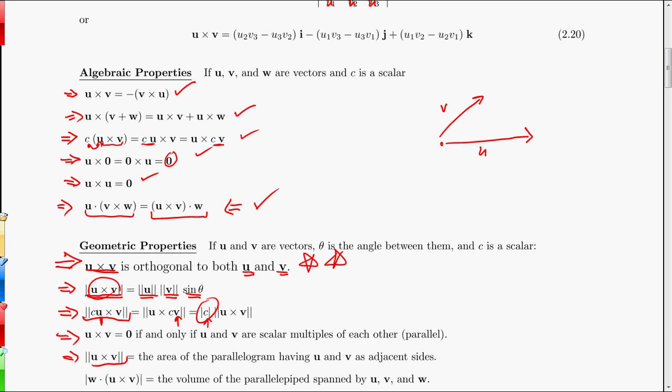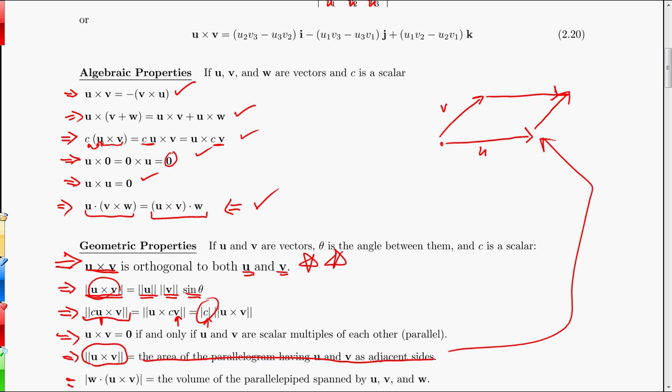If I go here, the magnitude of U cross V is the area of the parallelogram having U and V as adjacent sides. So that parallelogram I'm talking about is this parallelogram right here. Right? So it's that area of that parallelogram. That's if you take the size of U cross V.